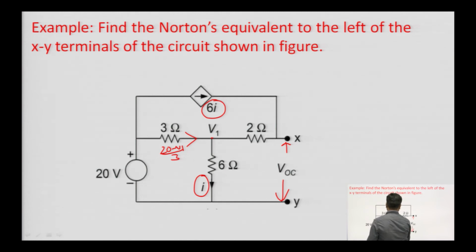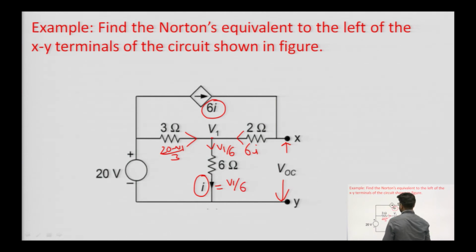Here we have V1 by 6 and the whole 6I, because it is open circuited. So, it will be 6I, or the current I is also flowing, and I will be equal to V1 by 6.